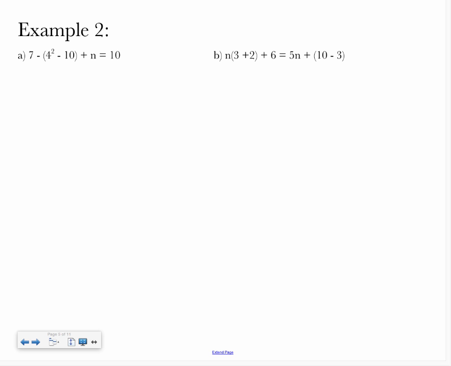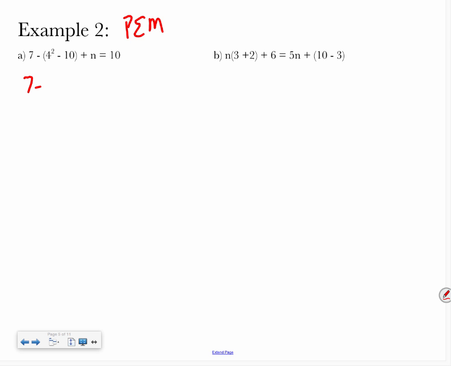We have an equation and we want to solve for our variable. We want to know what n equals in example 2a. We have 7 minus, and then 4 squared minus 10 inside parentheses, plus n equals 10.